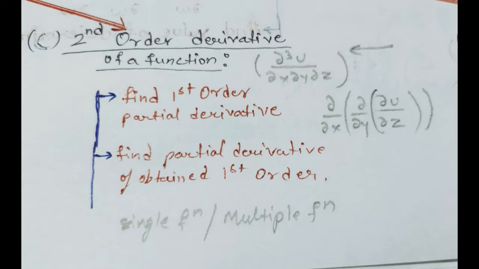If it is written as ∂³u divided by ∂x ∂y ∂z, then first we will differentiate with respect to z, then y, then x. In simple terms, I have written here ∂u/∂z. First we will find the differentiation of that, then that function will be obtained, then with respect to y the next function will be obtained, then with respect to x, for second order and higher order functions.